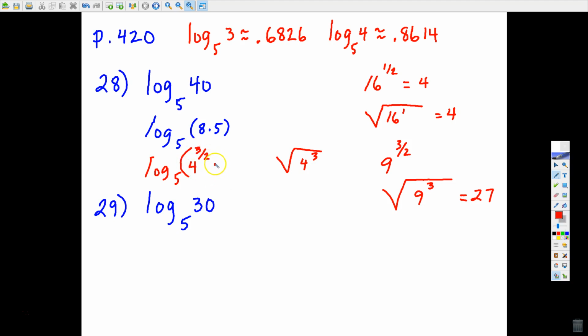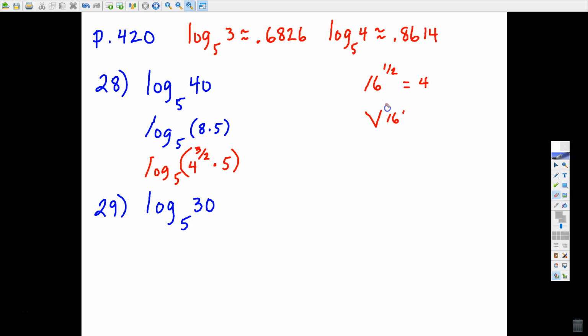So we already know that we're going to use 5. Now let's apply the product property like we learned in class. If we use the product property, we have log base 5 of 4 to the 3/2 plus log base 5 of 5.